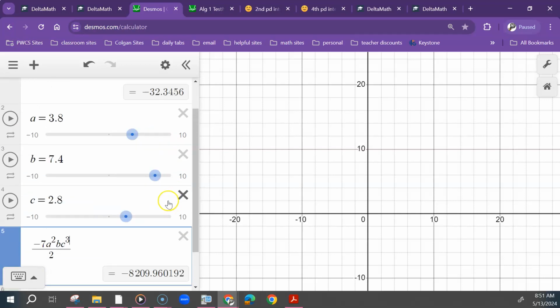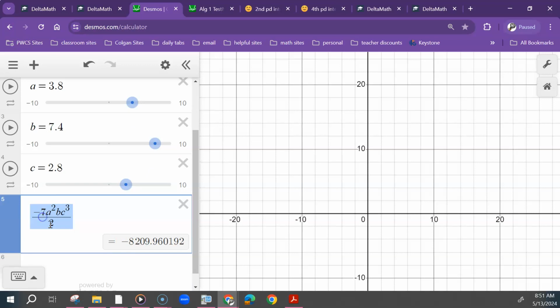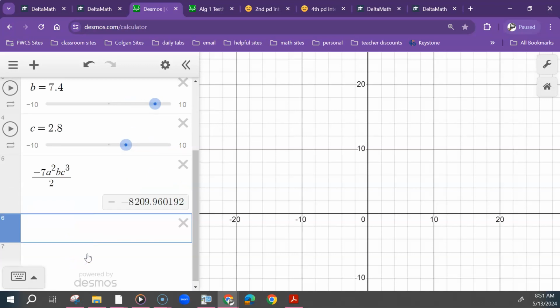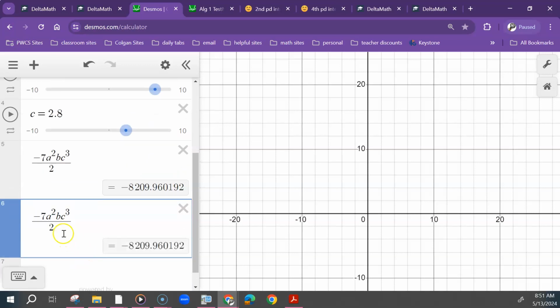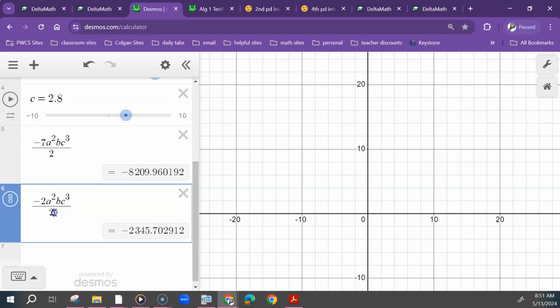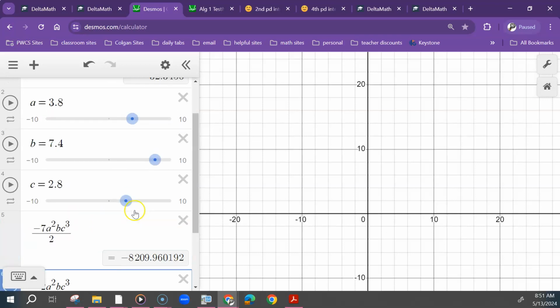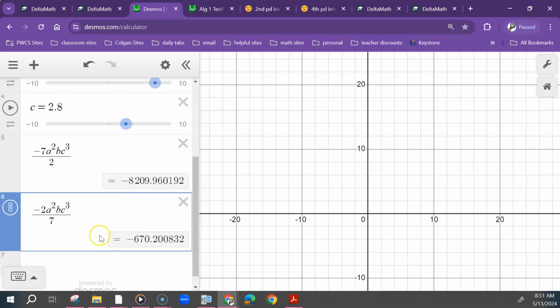So it's not A, the decimals don't match. We switch. It's not B. Again, the decimals don't match.